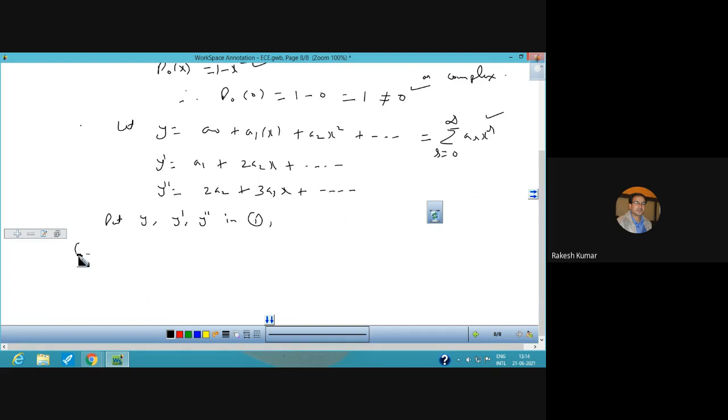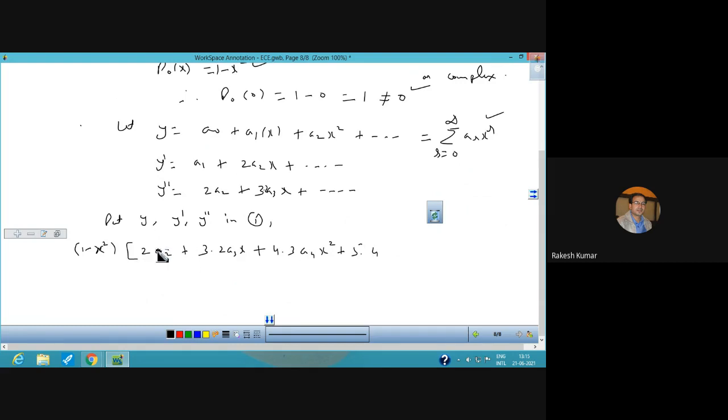We can have 1 minus x square, and in the bracket we will have 2a2 plus 3 into 2a3x plus. Now try to write as many terms as possible here. 4 into 3a4 x square plus 5 into 4. Now a pattern is forming here, look carefully.